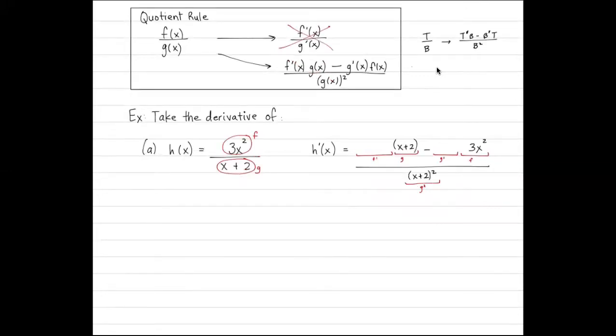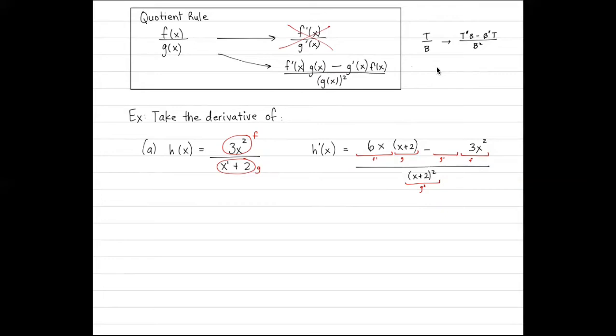And then from there, for f prime, it's going to be the derivative of the top. Now I've got a constant in the front, so I've got 3 times the derivative of x squared, which is 2x. So that gives me 6x. And for the derivative of the bottom, I've got the x. Now remember, this is just x to the 1, using that power rule, you bring the 1 down in front and then x to the 0.